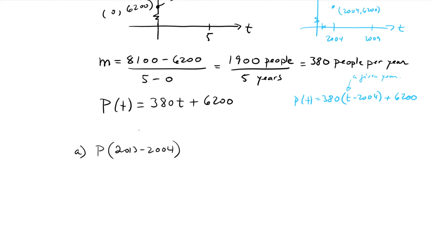So I'm going to calculate P of 2013 minus 2004, which is P of 7 years. So 7 years have passed since 2004. So I just replace t by 7 in my function here, and by calculating this, I get 8,860 people.